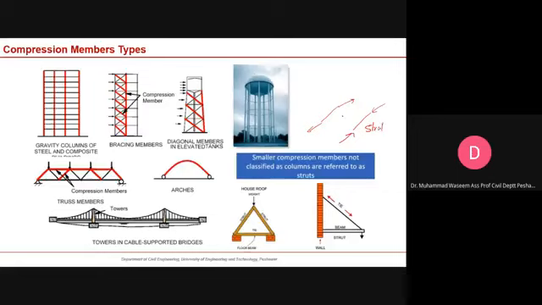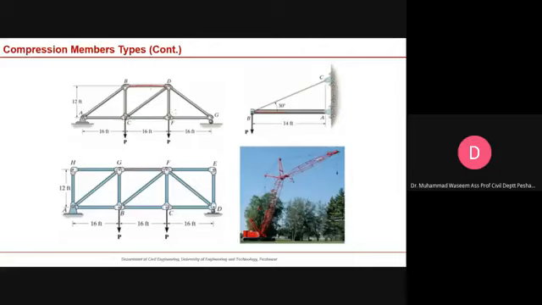You can find them in trusses, like if this is a truss, this member will be subjected to compression. The forces that will develop in this member will be compressive forces. Similarly in this case, if you have this loading, compressive stresses will be generated in this member.